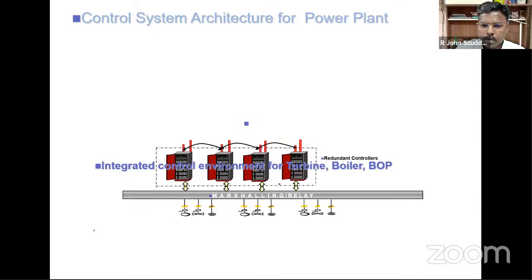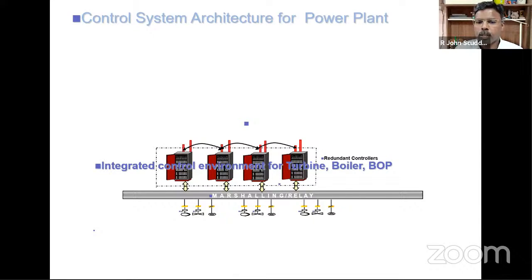Any cable coming from the field is terminated into a marshalling or a relay panel. From there, again, cables carry those signals to the control room, into the DCS and into the modules through other field termination units. So the wiring part ends in the DCS nodes, which have specific field termination units.